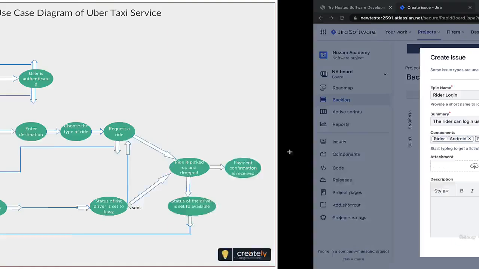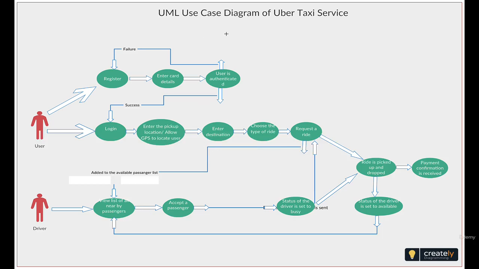So for example, I have here a UML use case diagram of Uber service. This would be useful for each person in the team, for the developer, the tester, the designer, and any other person.